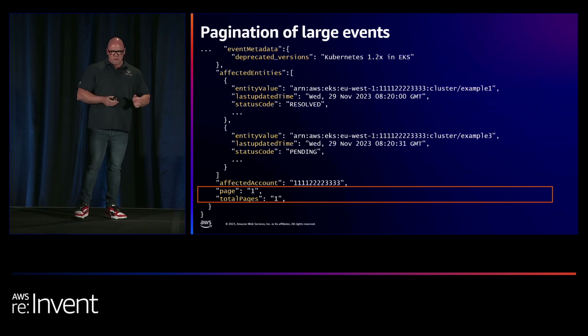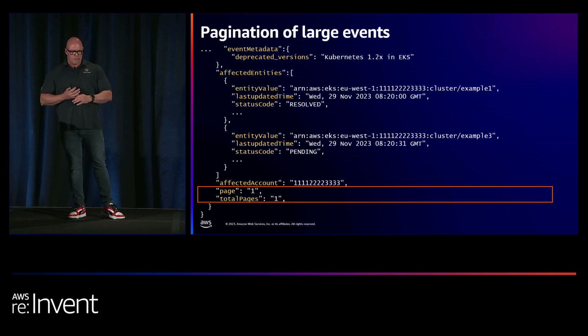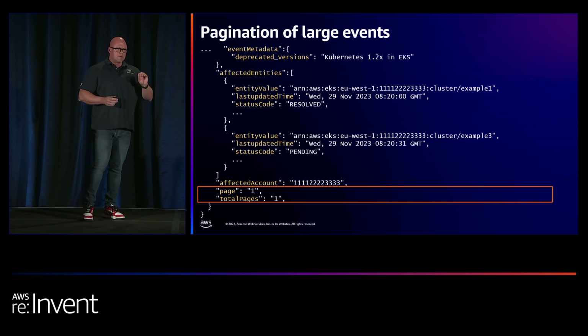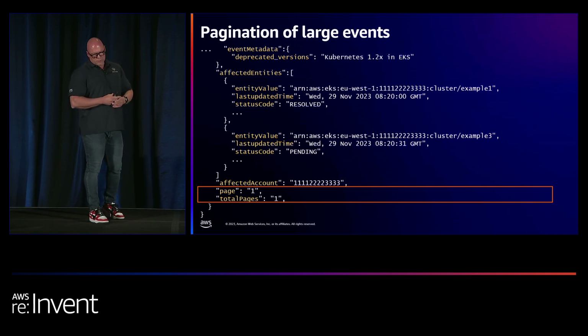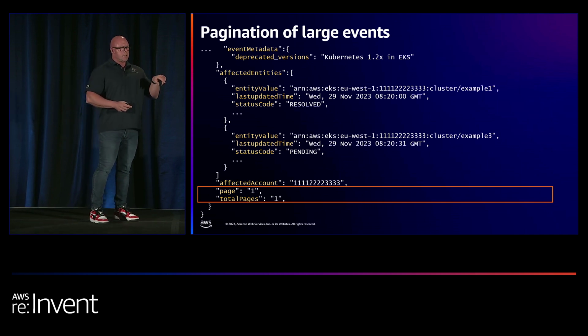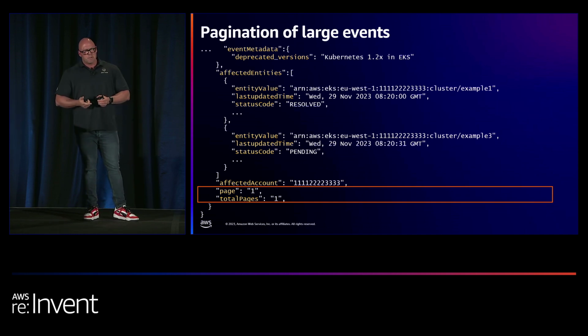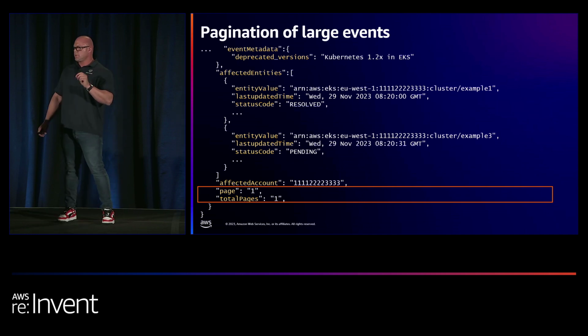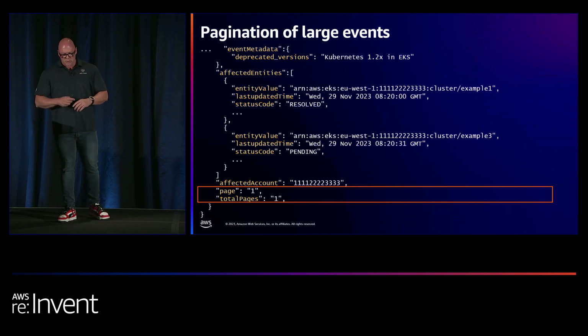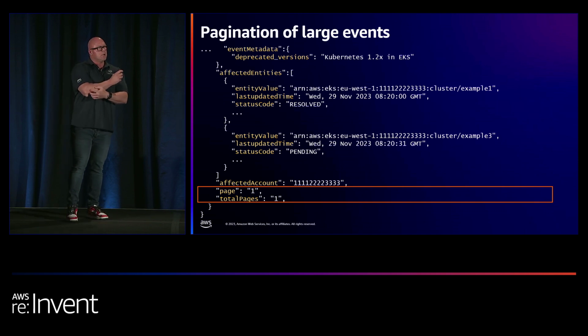So what we've done is develop this ability to paginate, as I said, over multiple messages. And to support that, we've introduced 2 new fields which help you track the total number of pages to expect, as well as the page number that you're receiving. And the communication ID field would also contain a suffix, including the page number, to help you distinguish the paginated results for the same communication.